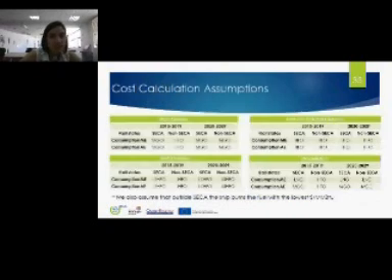This is basically the assumptions of how the cost is calculated. Until 2019, on the energy solution, when the ship is not operating within a sulfur emission control area, it can still burn the HFO fuel.